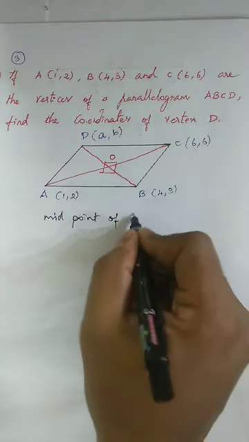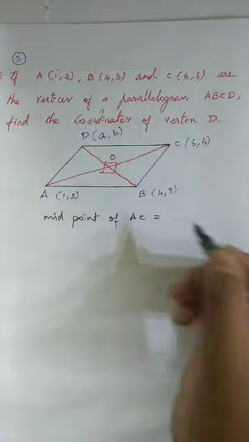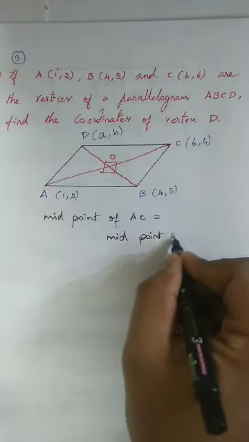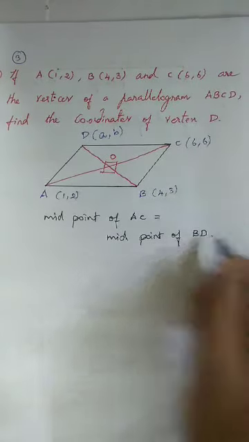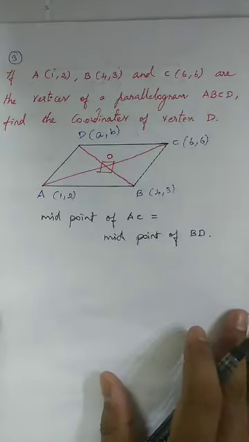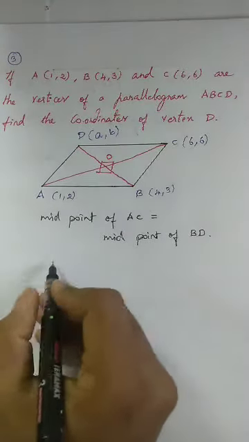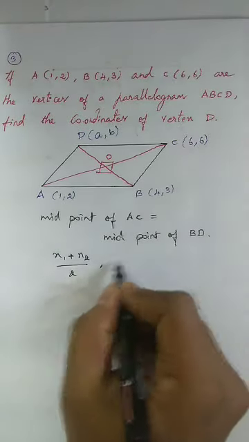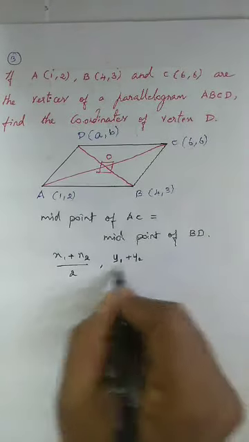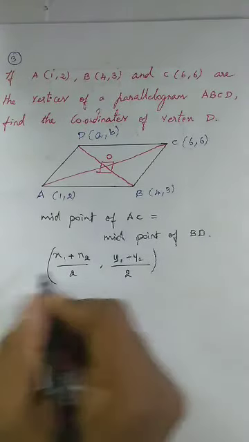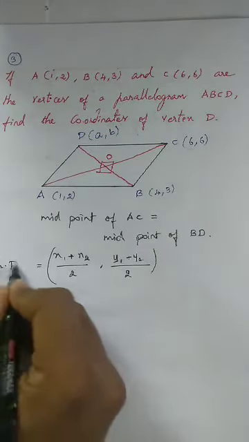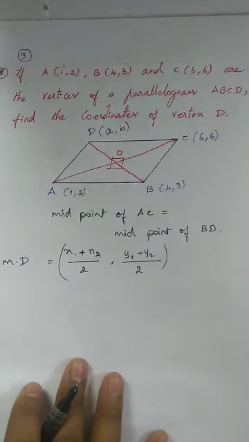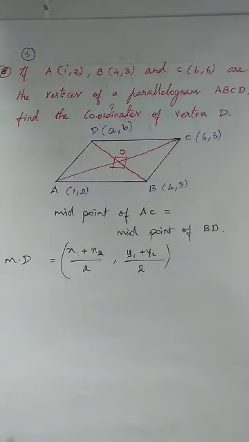Midpoint of AC equals midpoint of BD. We know the midpoint formula is x1 plus x2 by 2 comma y1 plus y2 by 2. I am writing midpoint as MD.